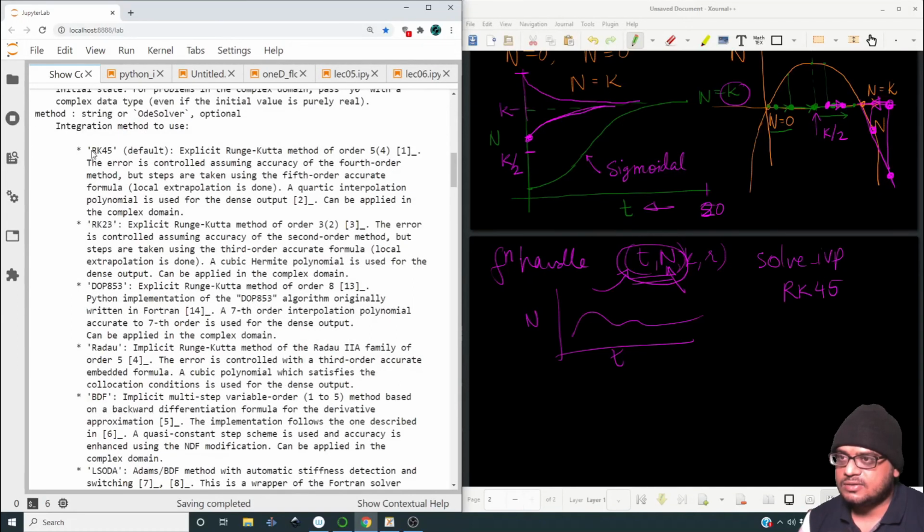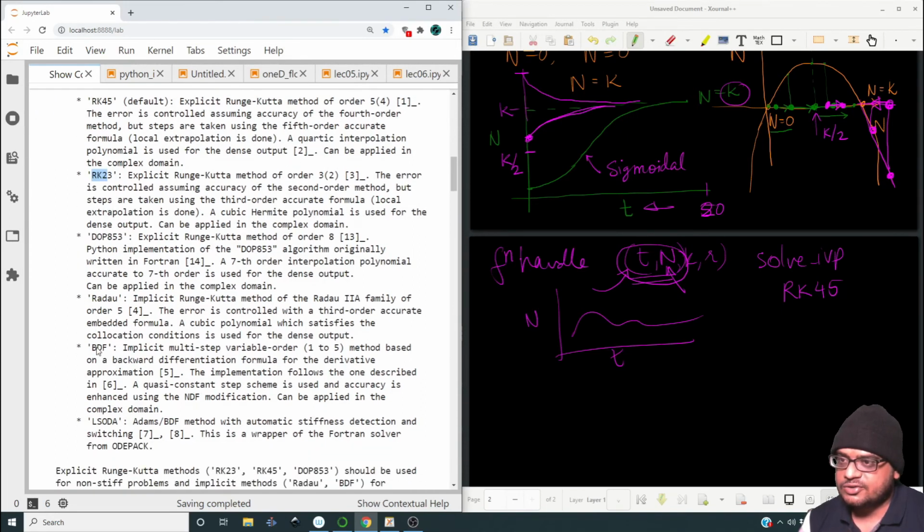So method consists of RK45, explicit Runge-Kutta, RK23, explicit Runge-Kutta of reduced order, the Dormand-Prince algorithm, the Radau integration, BDF solver, LSODA solver.